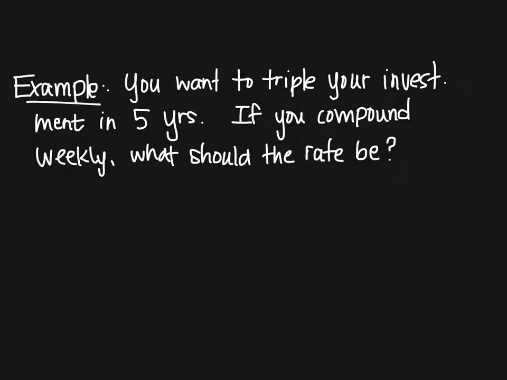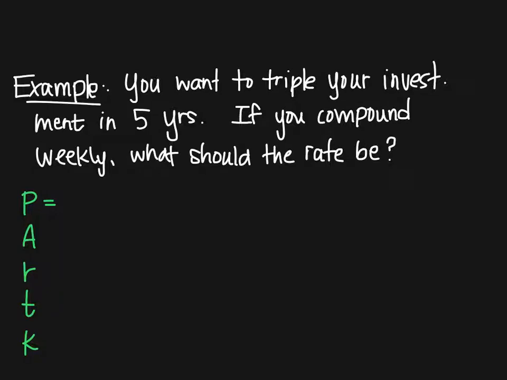All right, so let's try this. Again, I would advise that you maybe try a strategy like this for the problems. All right, we want to triple our investment. We've got 5 years to do it. We're compounding weekly. What do I put in for P? I don't know.